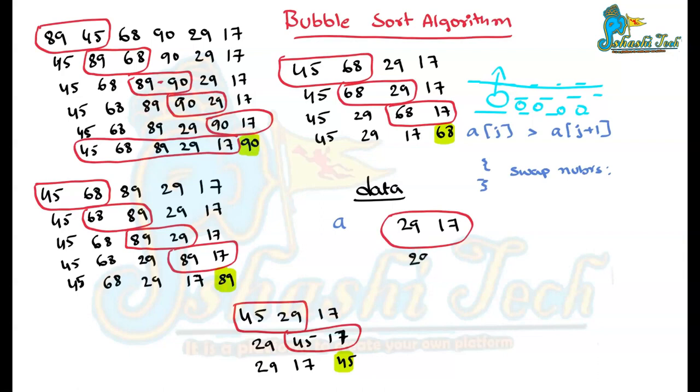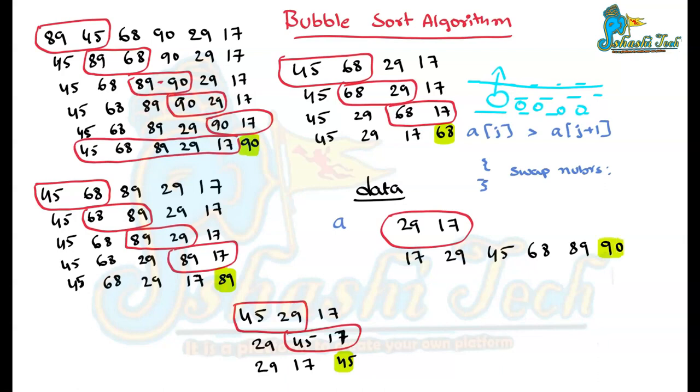Again swap it. Okay. We shall rewrite the remaining ones, that is 45, 68, 89 and finally 90.